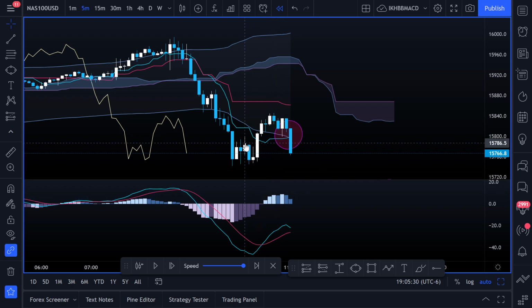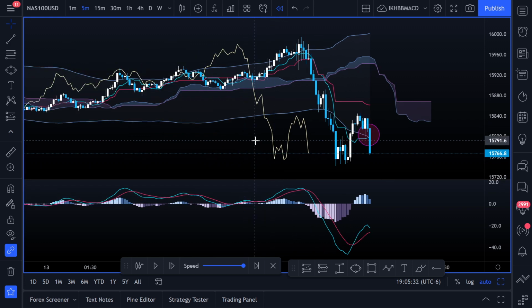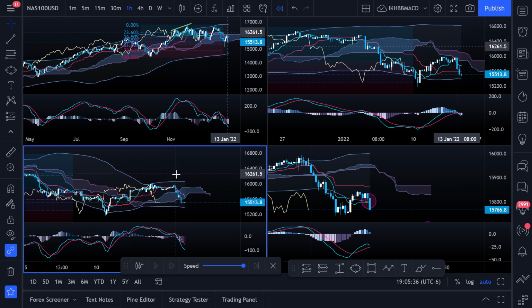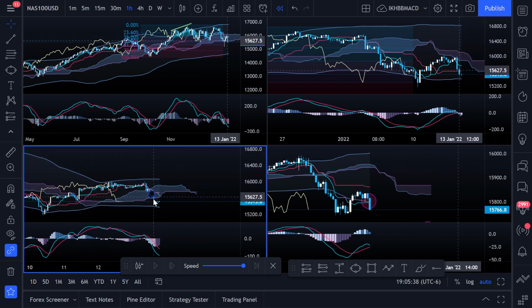I took the trade mainly because the higher time frame, the 1 hour time frame, was showing bearishness to the downside. Also, we already have this breakdown to the downside, and we had this MACD histogram changing to bearish.